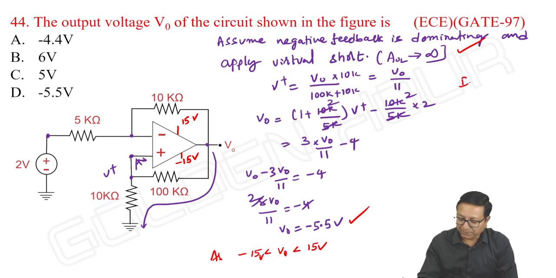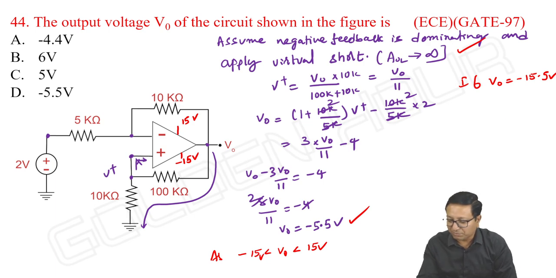Suppose our output is minus 15.5 volt, fine. But if it is minus 16.5 volt, then what do you take? Not possible. It is less than V output minimum, so output is equal to minus 15. That's it. Like that we proceed.